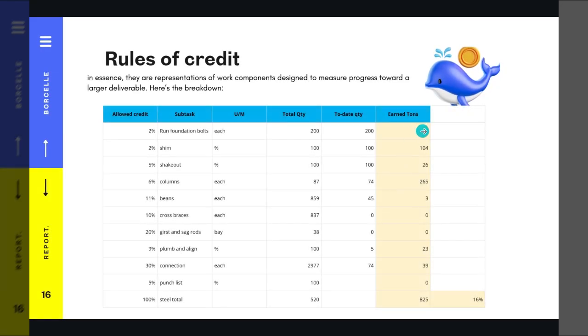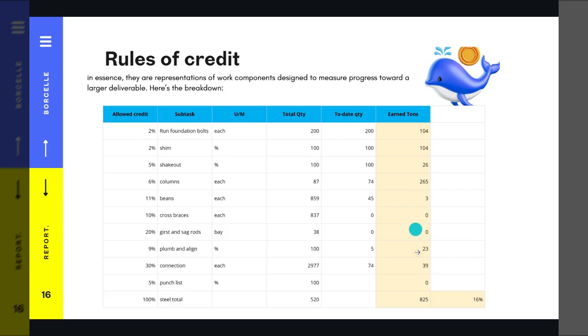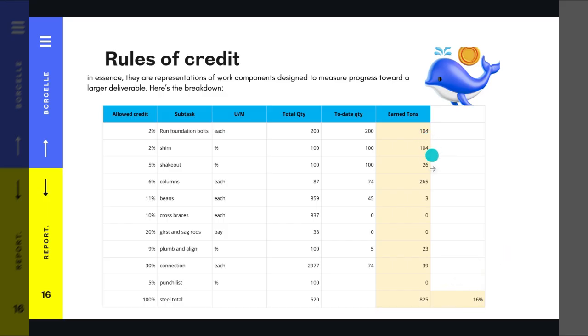So the earned tons is equal to the percentage of progress times the total quantity, which is 520, times the credit for that particular component. And that gives us a total of 82.5, which divided by 520 represents 60%. Sorry, here this is 10.4. Okay, there's a comma mistake here.